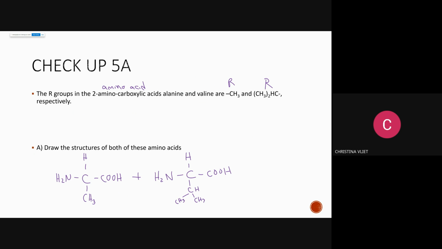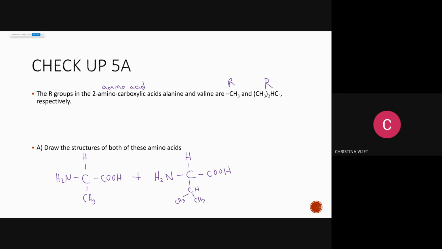Afterwards, we have to link these together. So from what you learned last class, this is actually just a condensation polymerization. Meaning, you're going to take away the OH from the carboxylic acid, and you're going to take away a hydrogen from the nitrogen.